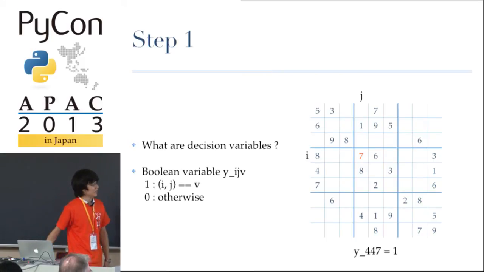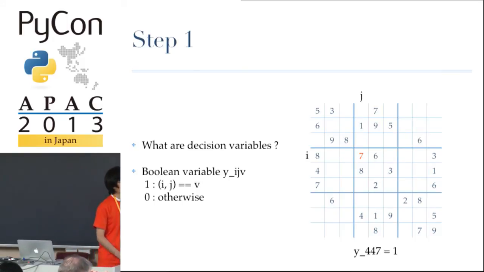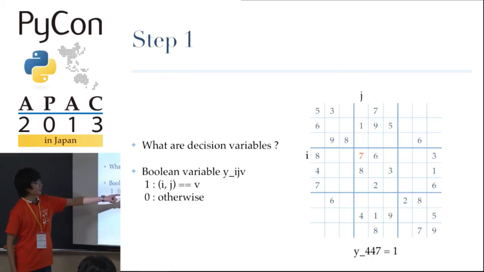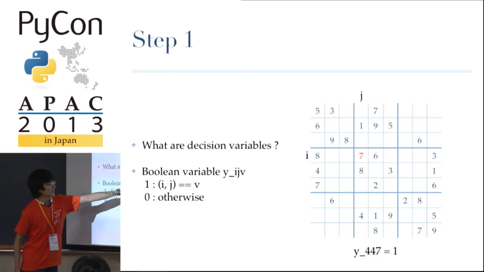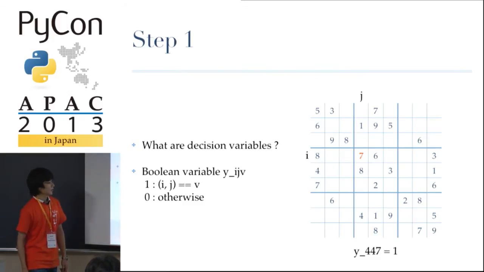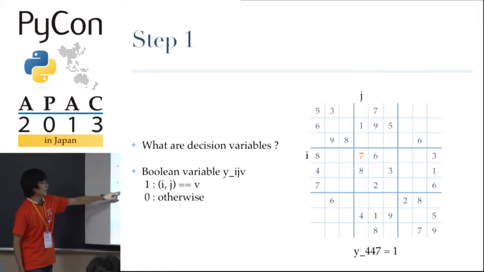I introduce a 0-1 variable to define the number in some cell. I describe the variable y_ijv. It means if cell ij is v, then 1, and otherwise 0.